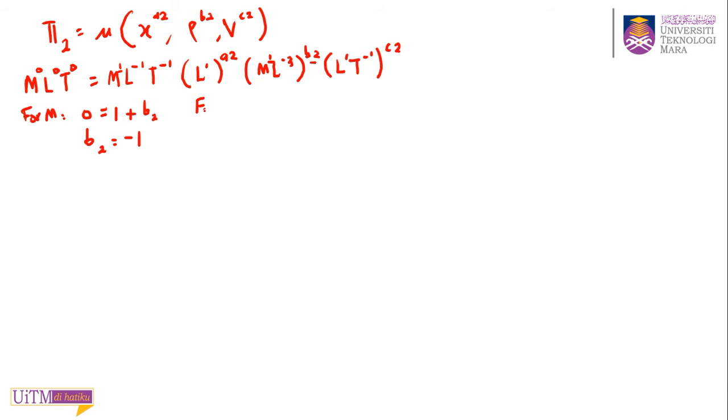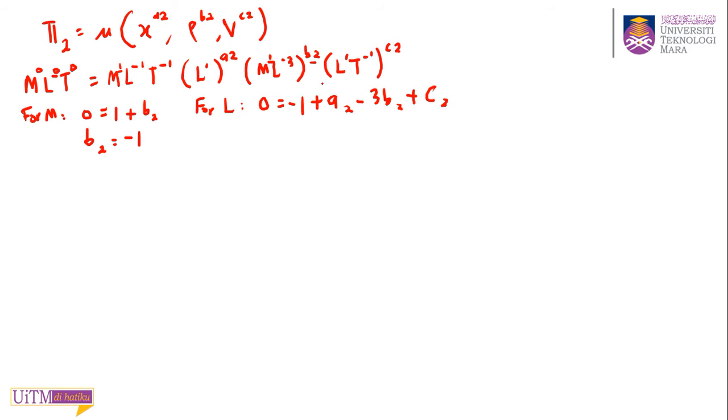And then for L, 0 equals minus 1 plus A2 plus minus 3 times B2, and plus 1 times C2, so plus C2.